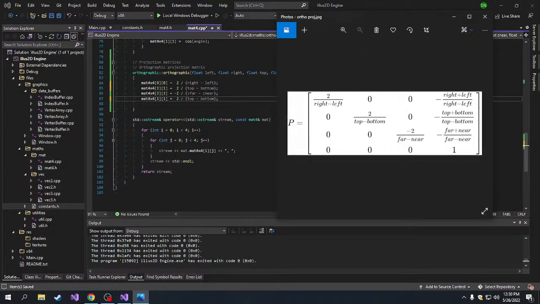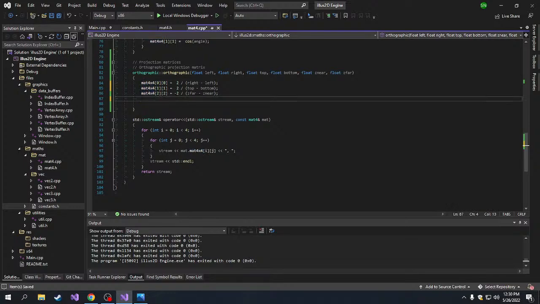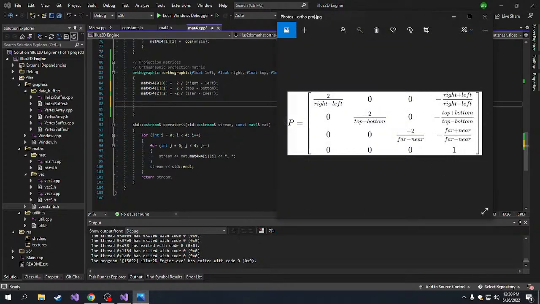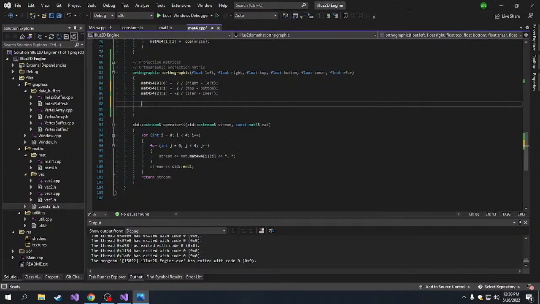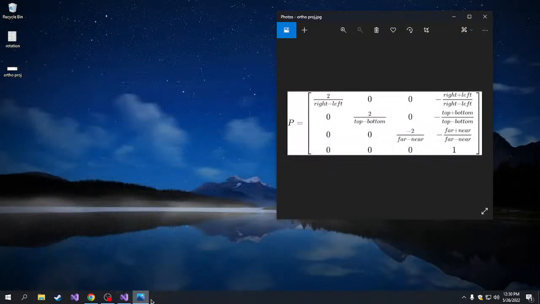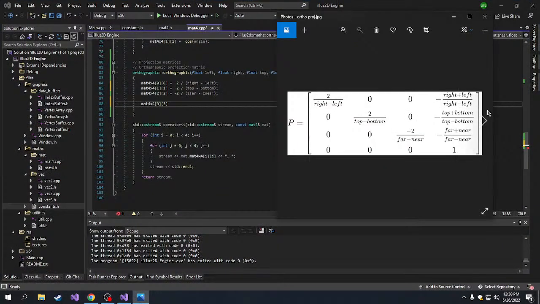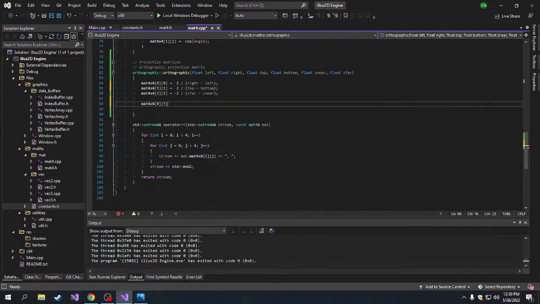So 0 and 1, mat 4 times 4. Then 0 and 3 is going to be negative right plus left divided by right minus left.